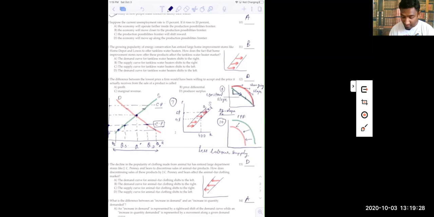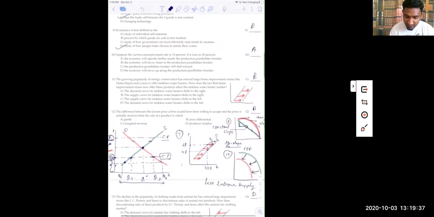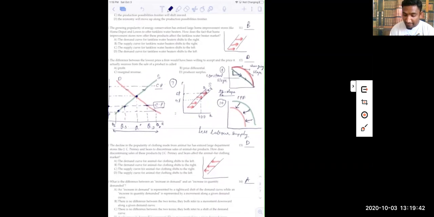It means that our production possibilities frontier has to shift inwards. So the correct answer is A. So the economy will, oh, sorry, my bad. The economy will operate inside the production possibilities frontier in this part, since we are not able to efficiently utilize our labor supply.